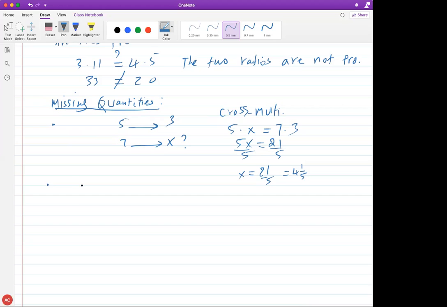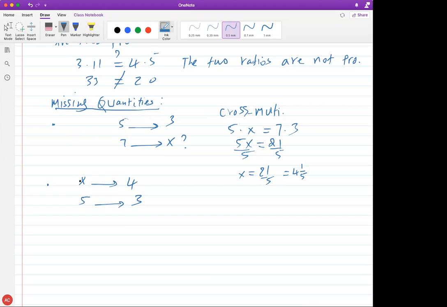You could, for example, have a number x to, let's say, 4. And x to 4 is the same as 5 is to 3. So if 5 to 3, we need to figure out the x. Same way, cross multiply.